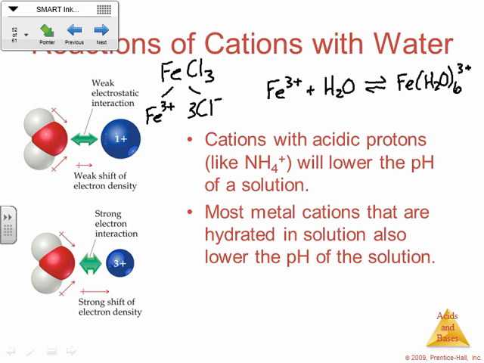Now, what happens, if you think about this, you can end up with basically this iron surrounded by 6 H2O molecules, okay? Because it's surrounded by those 6, it actually makes it easier for a water molecule to lose a hydrogen.